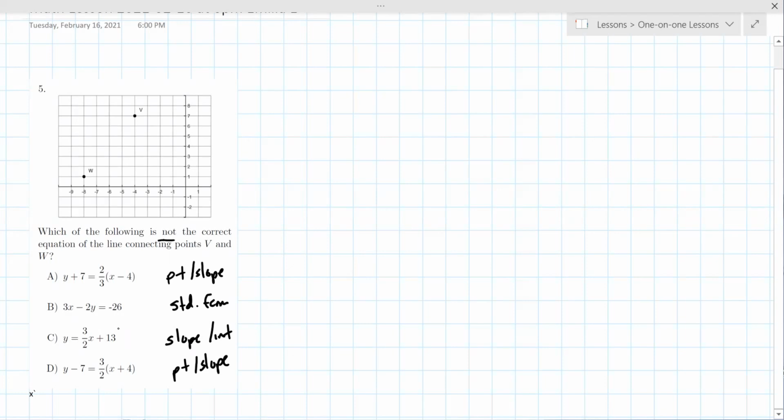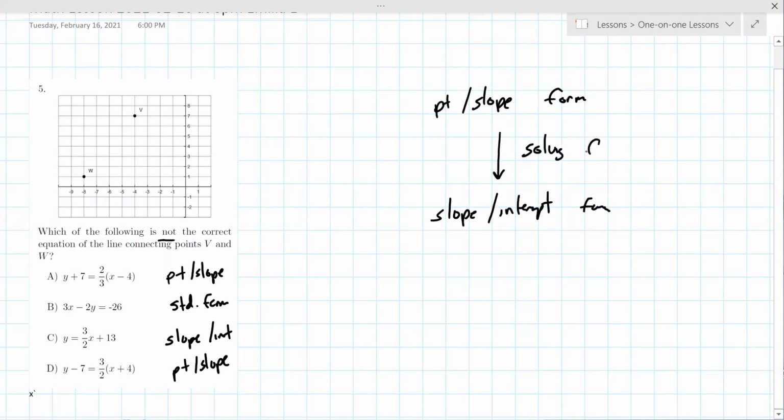Maybe we haven't covered this in a while, but it's best to start in point slope form when you're writing the equation, and then go to slope intercept form, and you do that by solving for y. Then you would put it into standard form. There is no way to go directly to standard form. You have to go through one of these other forms to do that.